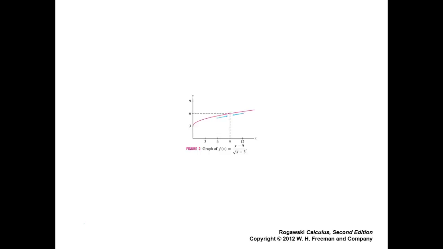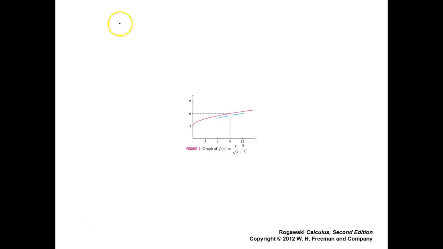Now, there are others that we will have to graph. Clever enough to see the connection.